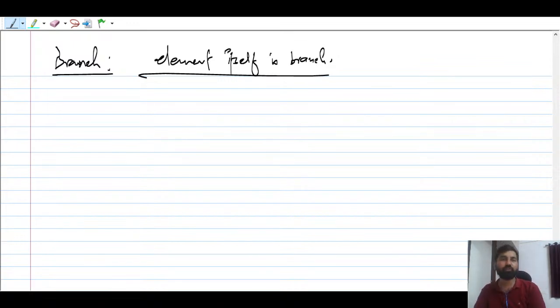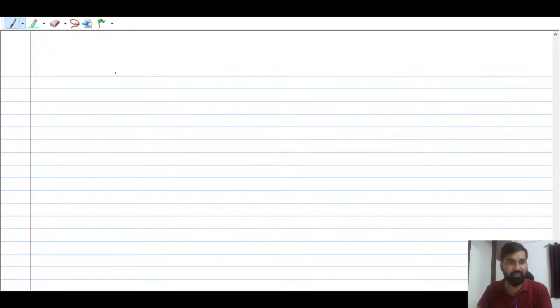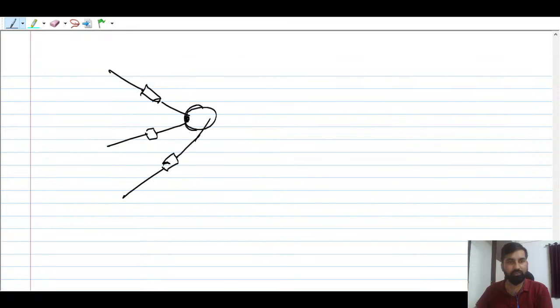Now we will come to why we are talking about node, guys. Node means, you see here, suppose this is one element here and this is one element here, and these are the elements, and this is going to be a node.